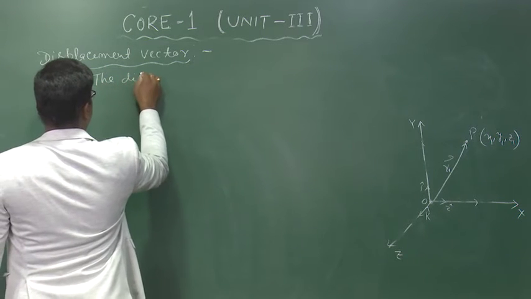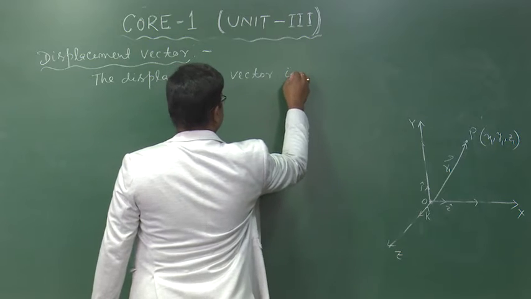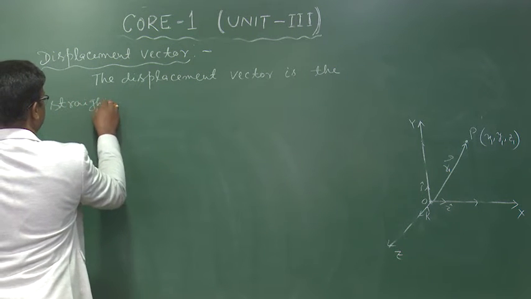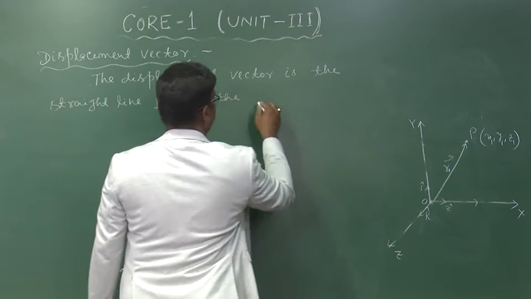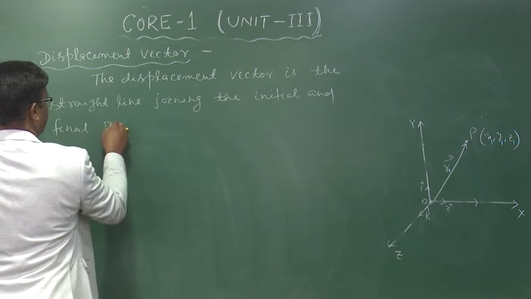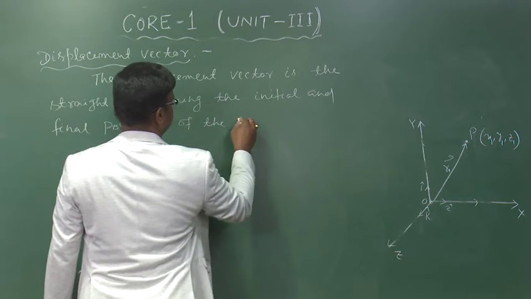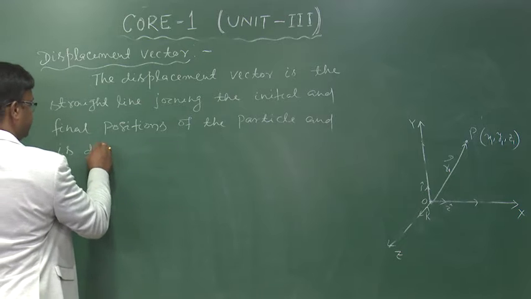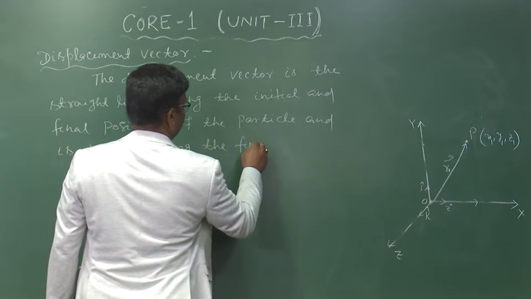The displacement vector is the straight line joining the initial and final positions of the particle and is directed along the final point.